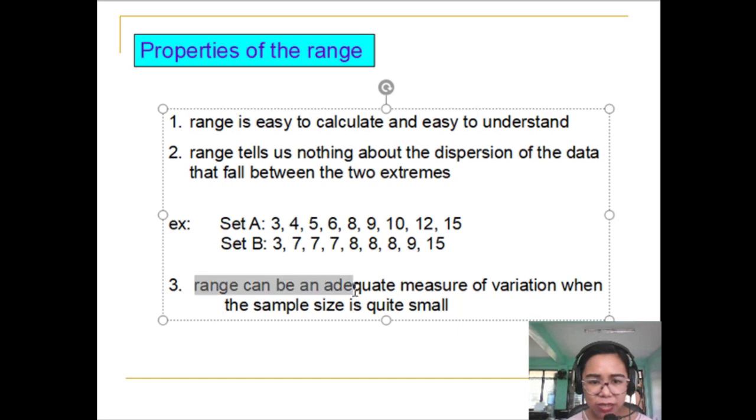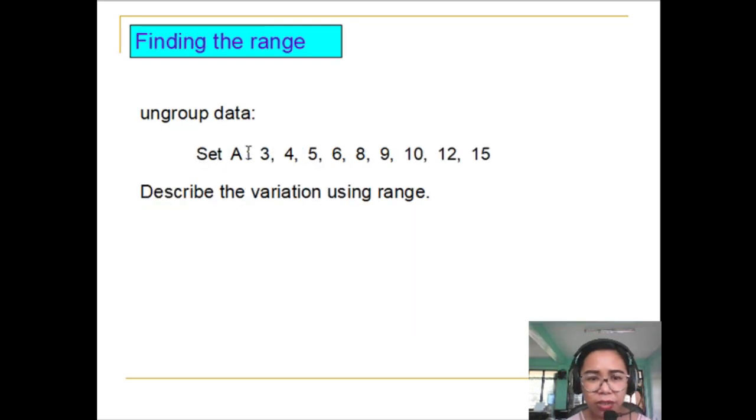Third, range can be an adequate measure of variation when the sample size is quite small. Set A. So we calculate the range, or we describe variation using the range.